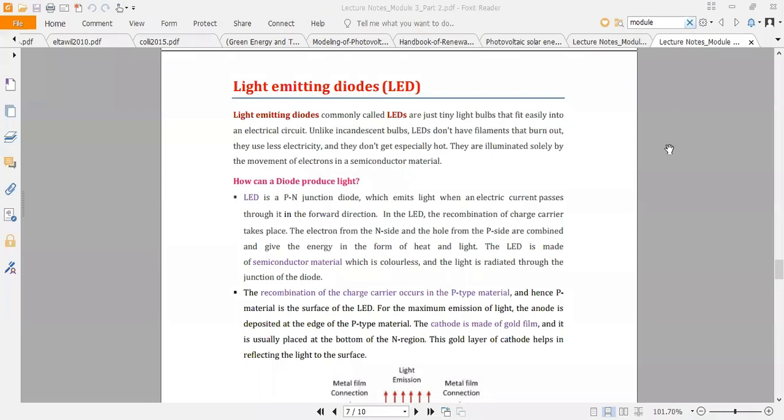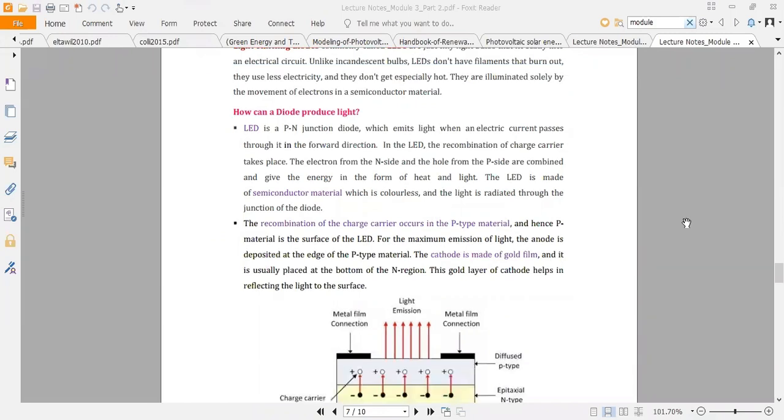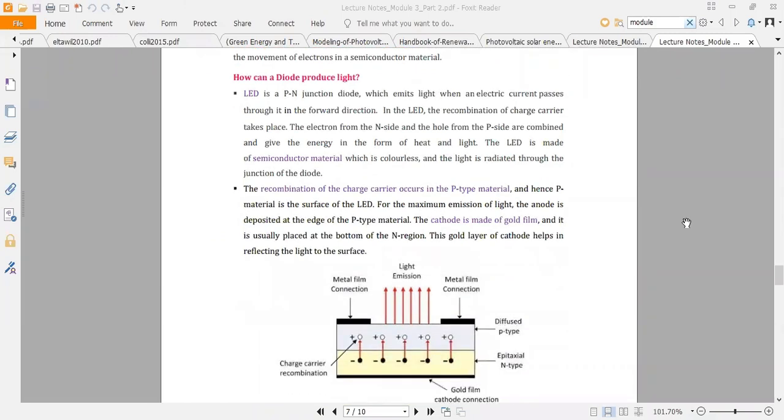So with the help of that diode, we are able to generate the light. Let us see how a diode is able to generate this light.